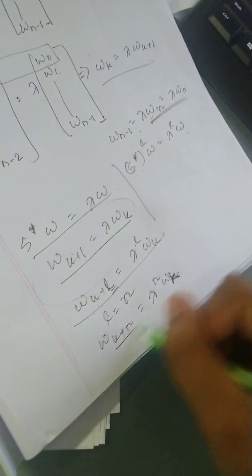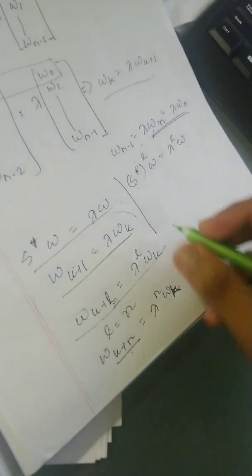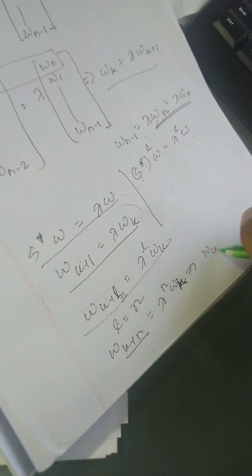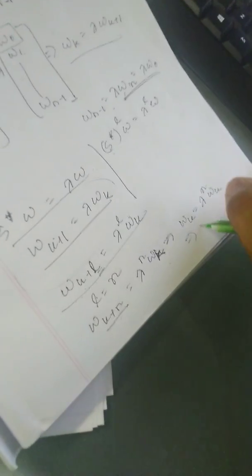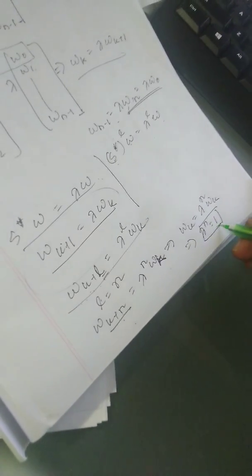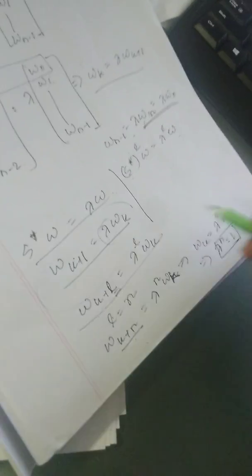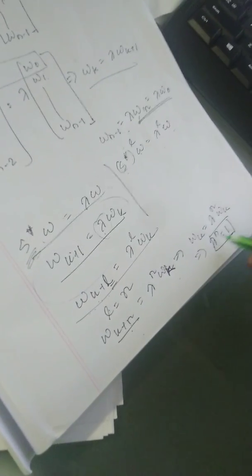But what is k plus n? I have told you, just subtract n. So if we subtract n from here, we'll get wk equal to lambda to the power n wk. That gives us lambda to the power n equal to 1. That just means that the eigenvalues of the matrix S conjugate are the n roots of 1.